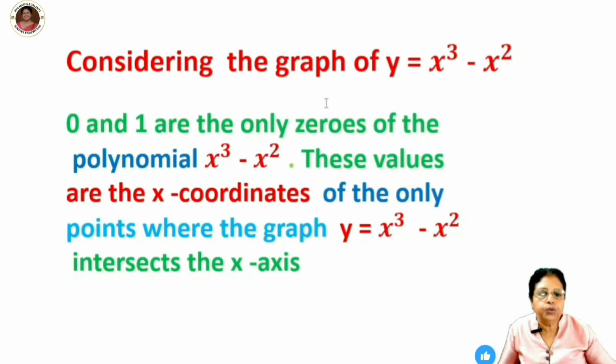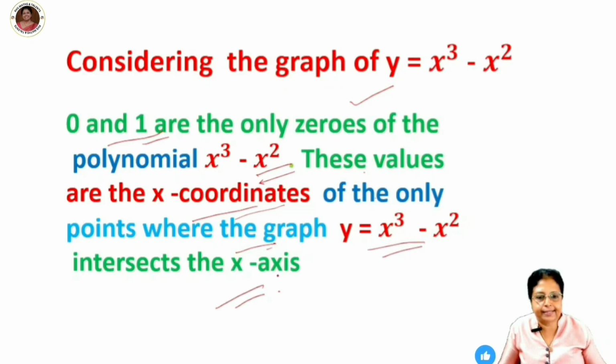We can conclude, considering the graph of y equal to x cube minus x square, 0 and 1 are the only zeros of this polynomial. These values are the x coordinates of the only points where the graph intersects the x-axis.